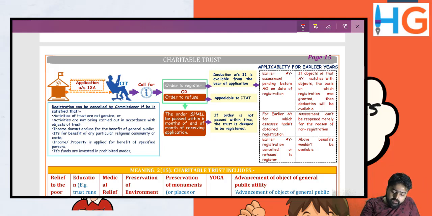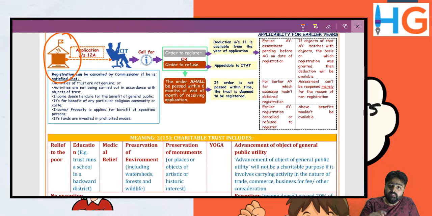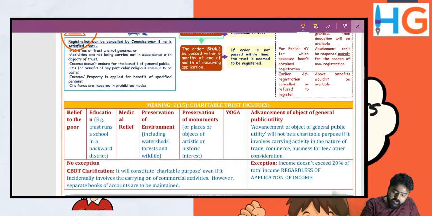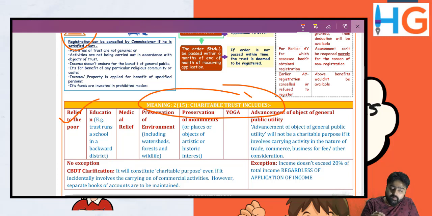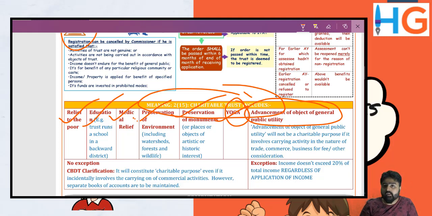For a charitable trust, the first thing is that a charitable trust is defined. A charitable trust is one who carries on charitable activity. The definition of charitable activity includes relief to the poor, education, medical relief, preservation of environment, preservation of monuments, yoga, which has been recently included, and advancement of objects of general public utility.